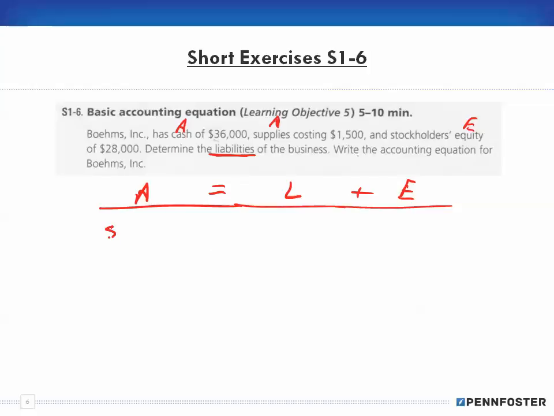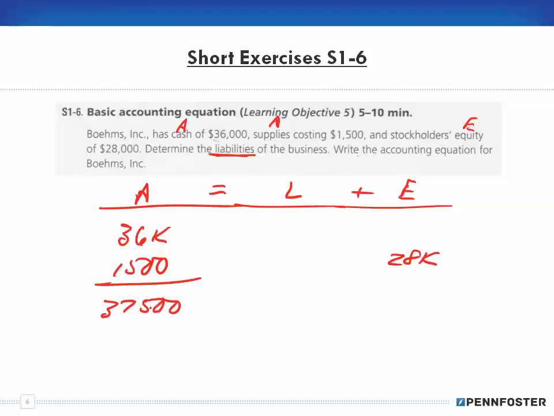So I have cash of 36,000, supplies of 1,500, and equity of 28,000. So I have 37,500 for assets, and that equals liabilities plus 28,000 in equity.